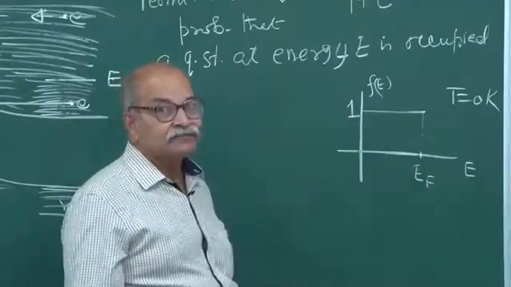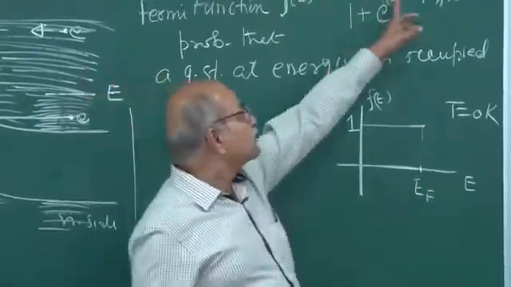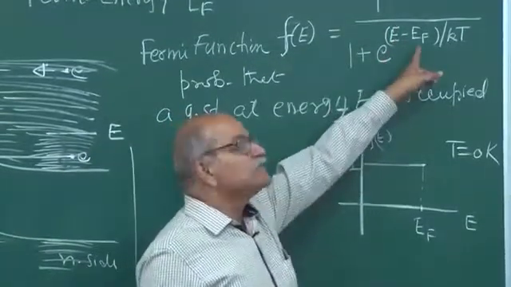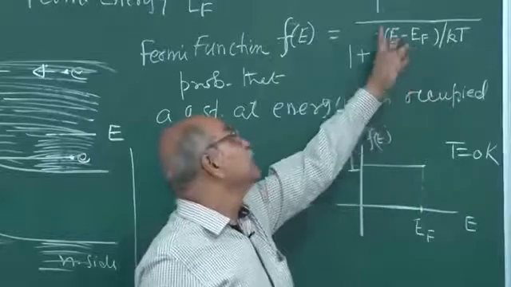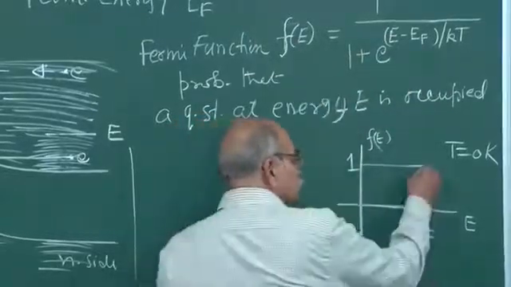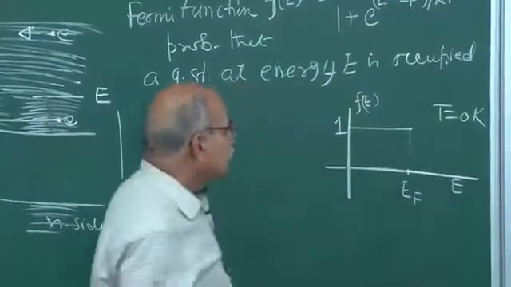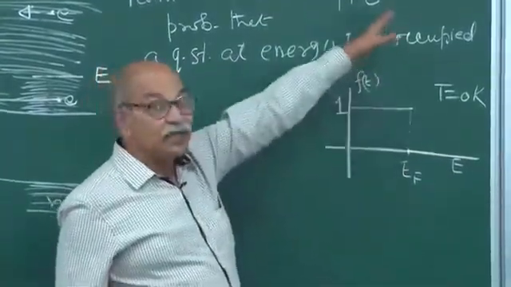Probability is 1. And if E is greater than EF, then it is e to the power plus infinity, which is infinity, and this probability will be 0. So the function here is 0. That's the kind of function at 0 Kelvin.